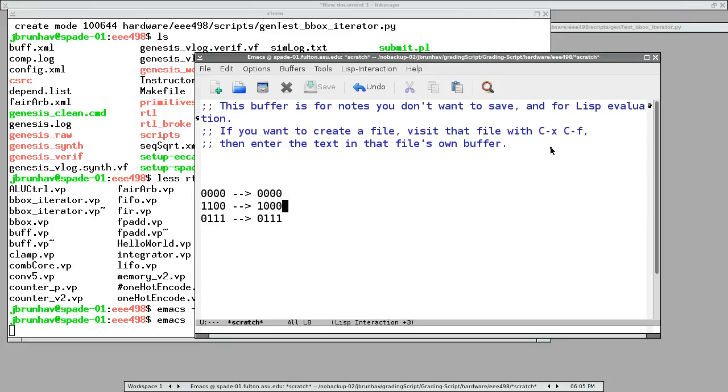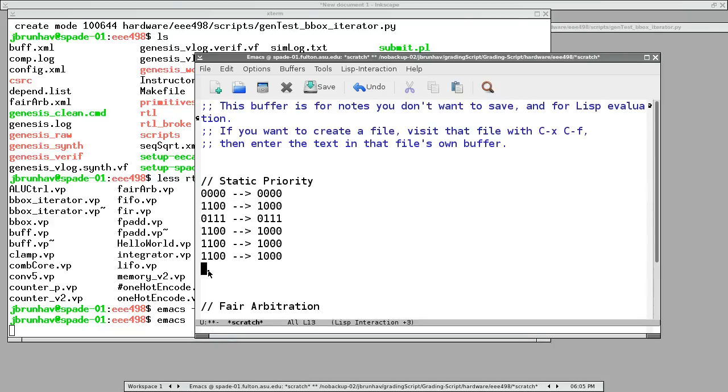Now the rub here, in what we've done so far, is that it's a static priority explanation. But we might want to keep track of what's going on, and so we might want some sort of fair arbitration. If we look at this example, one of the problems is that if we repeat it, we get the same result over and over again.